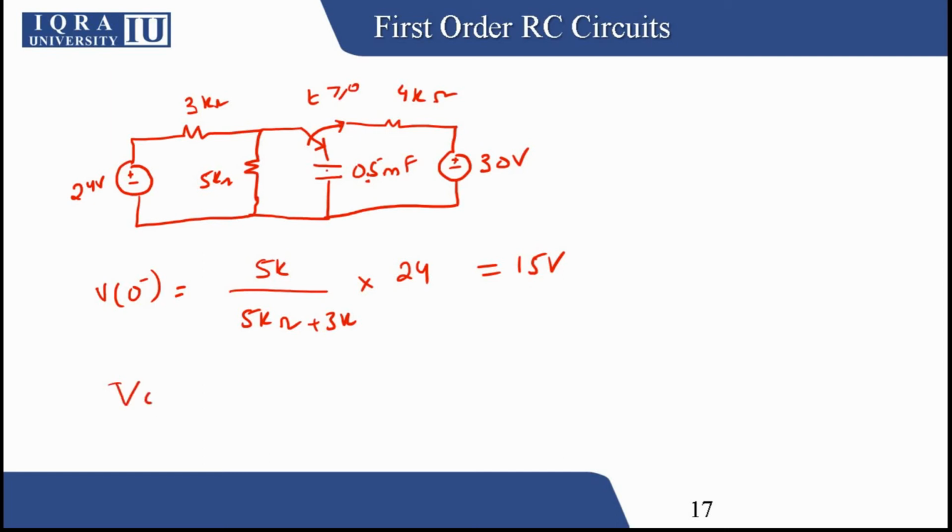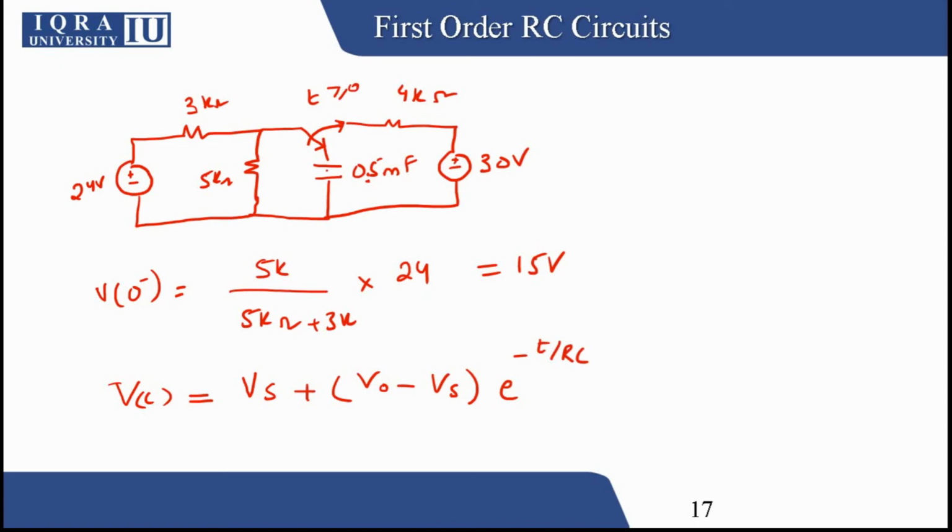The forced response of the capacitor will be the voltage source, the time infinite voltage source, because after 0 seconds this voltage source will work until infinity. The general equation is Vs plus V naught, the initial voltage, minus Vs, into e to the power minus t over RC.